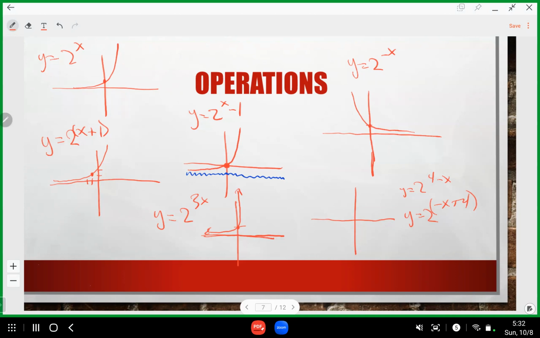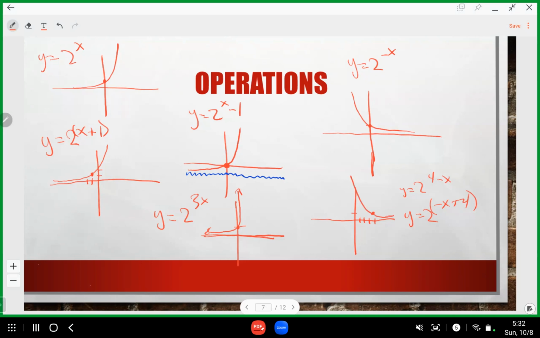So if you shift to the left by 4 units, then our reference point is what? It is negative 4, 1, right? So negative 4, 1, and then if you then reflect it, it's just positive 4, 1. So it's going to be like here. It will be like this.